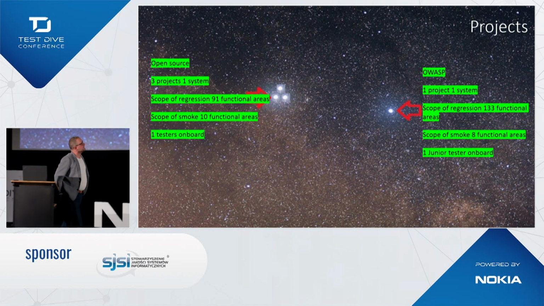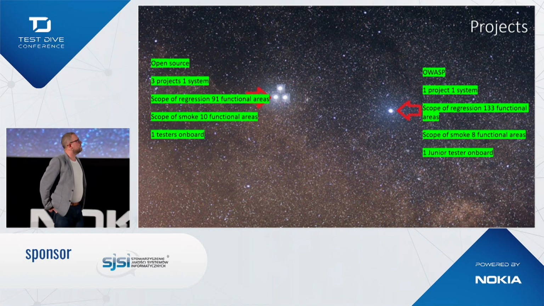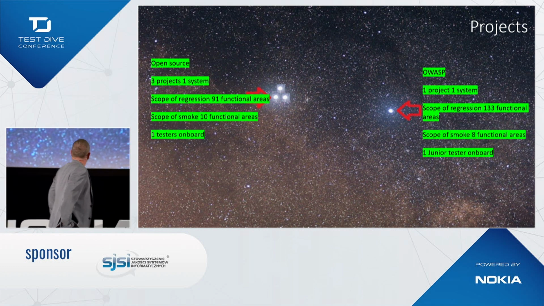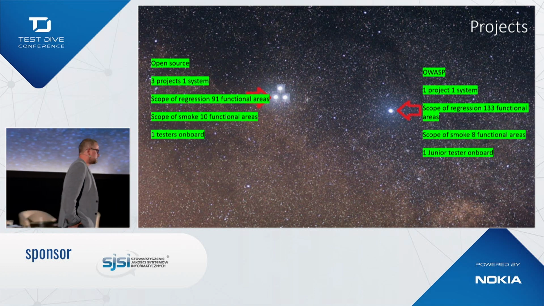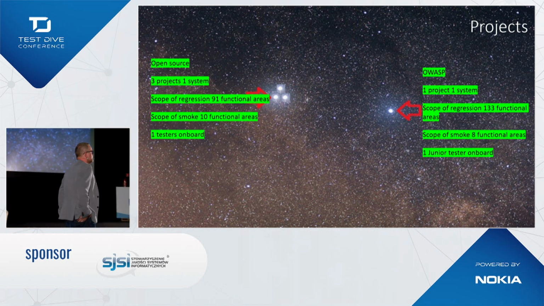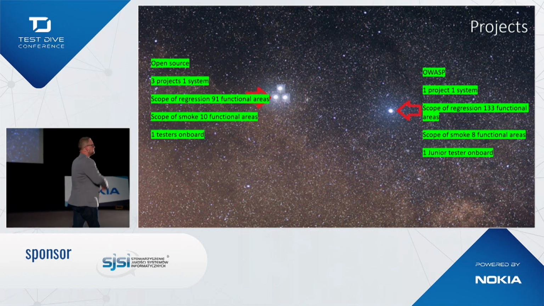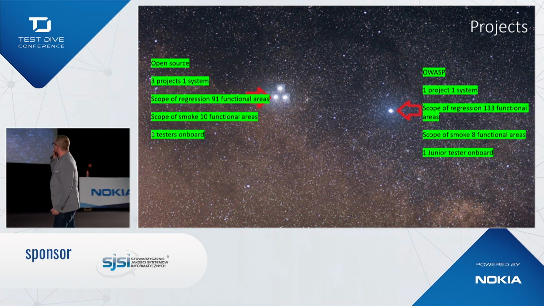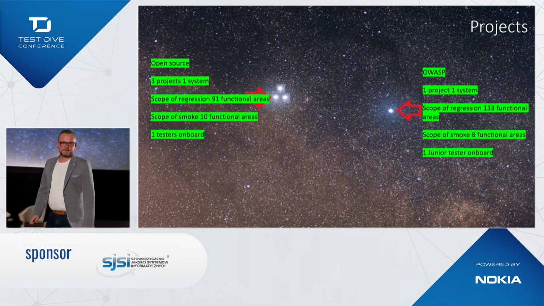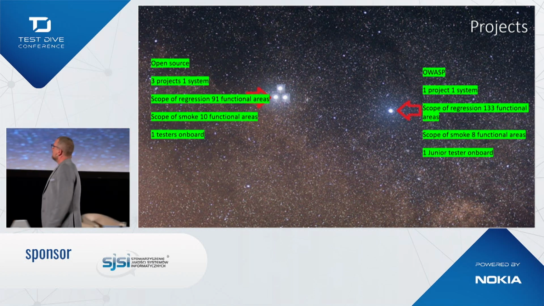Okay, what next? What is the scope? For the open source, we selected 91 functional areas that we pointed out were supposed to be regression tested after each release. For the COTS software, we selected 133 functionalities.